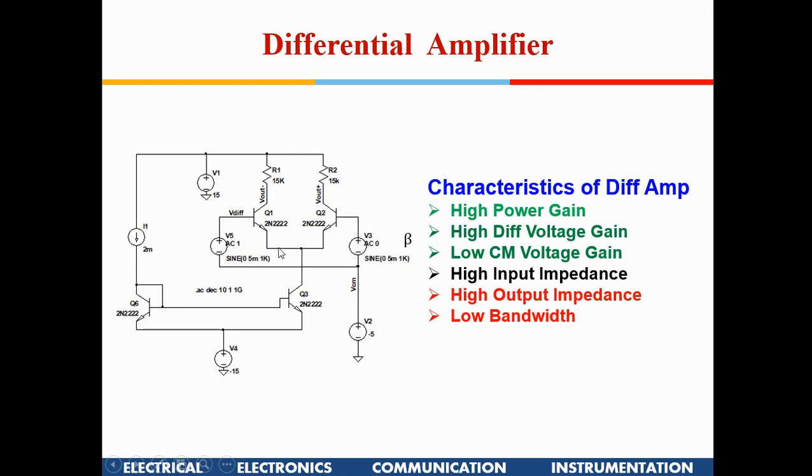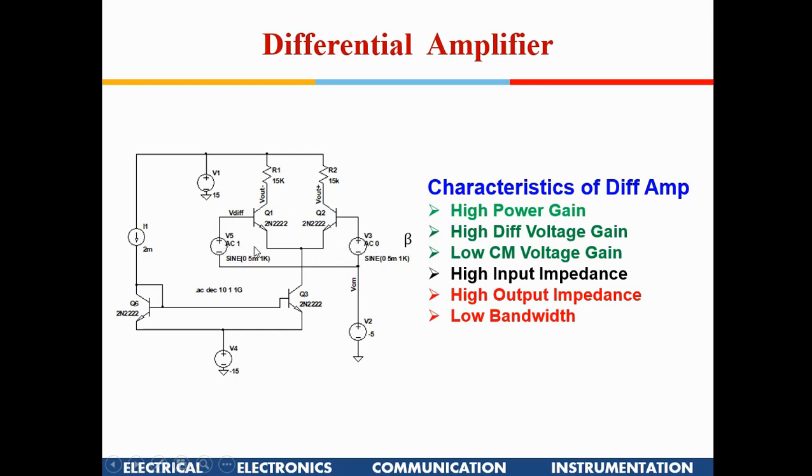And why is it known as a differential amplifier? We can apply two signals, one here and one here. This amplifier is going to amplify the difference of these two signals. That is why it is known as a differential amplifier. So it has a high differential voltage gain, that is, voltage 1 minus voltage 2; it amplifies the difference of these two voltages.